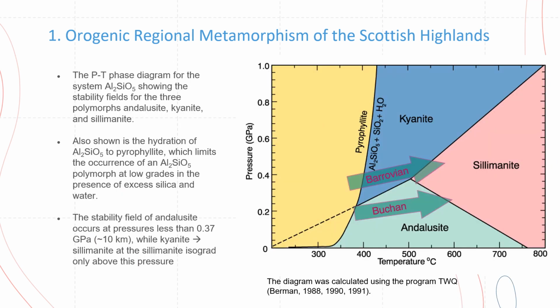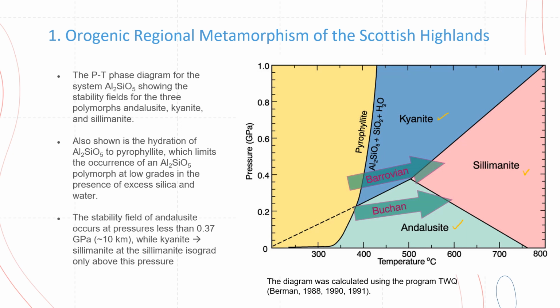And this has to do with the stability of different minerals under different pressure and temperature conditions. So considering the following PT phase diagram for the system Al2SiO5, we have the three minerals, kyanite, sillimanite, and andalusite.